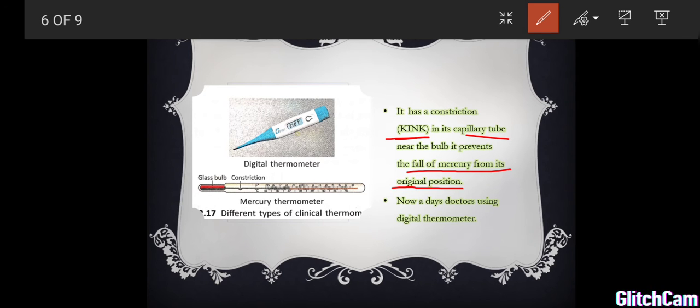But if you measure the temperature of a human body, you have to take it out from the person, so in that time the kink in the capillary tube prevents the flow of mercury from the original position, so we are able to measure the temperature of a human body accurately. Nowadays doctors are using a digital thermometer. Okay, this is about the thermometer.